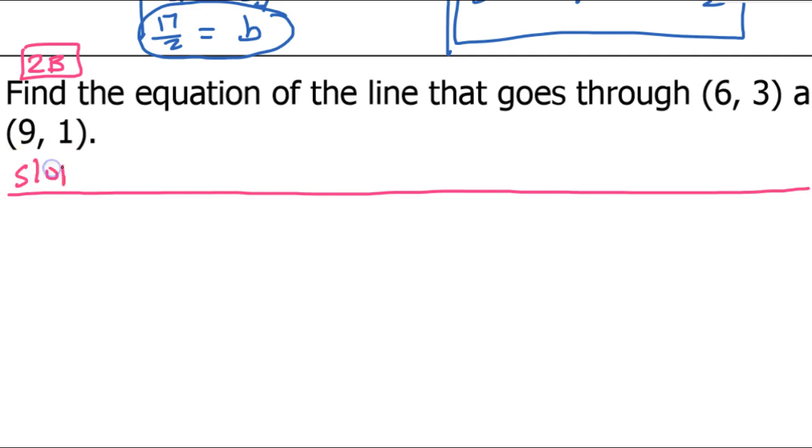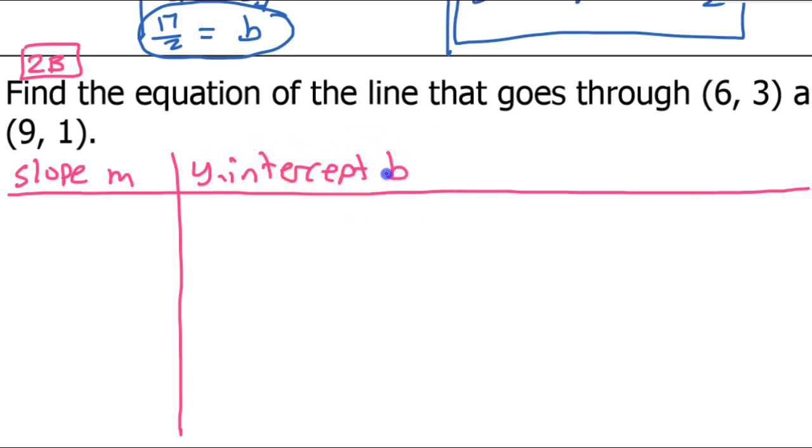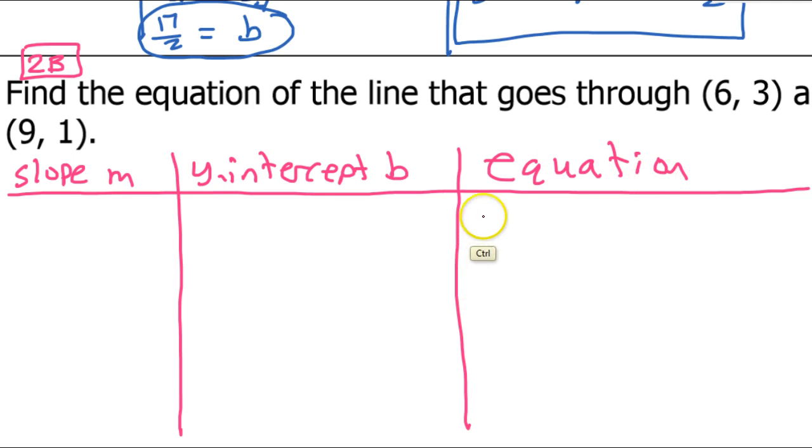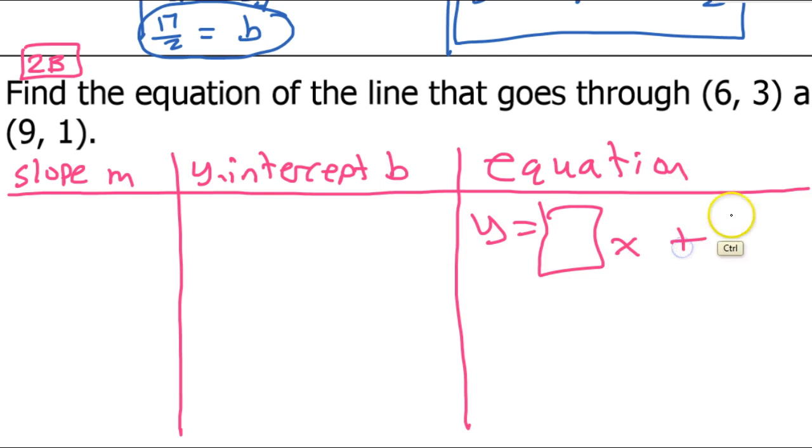I need to find slope m, y-intercept b. And then I can write the equation. Okay, the equation will go y equals something x plus something.